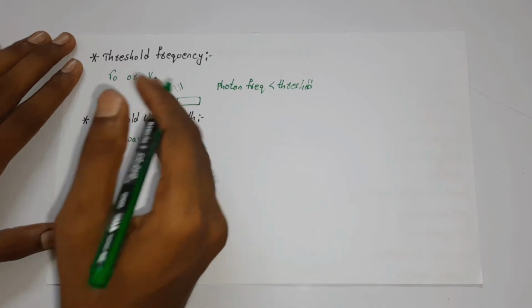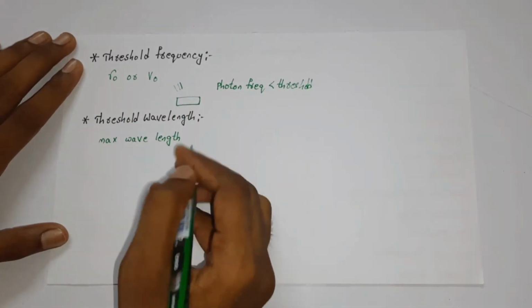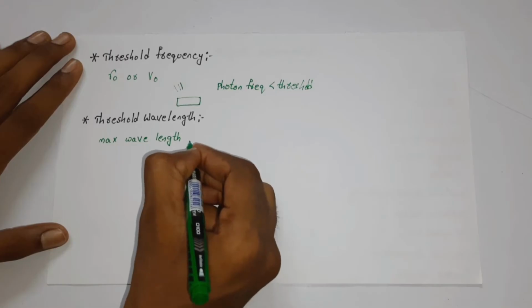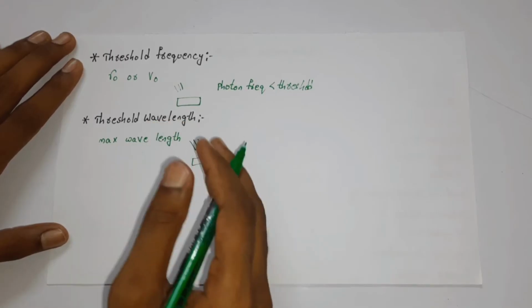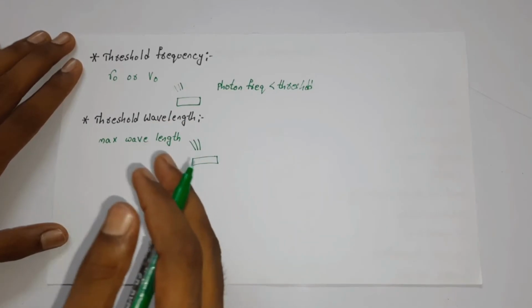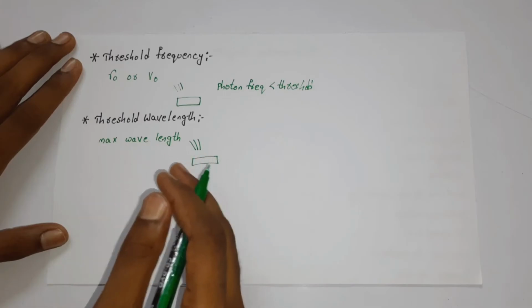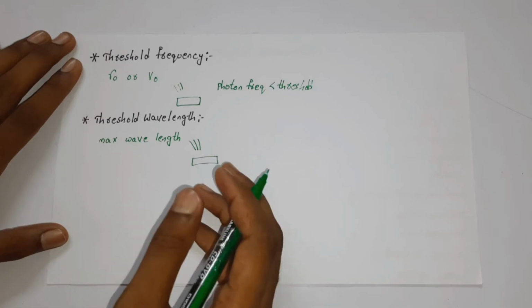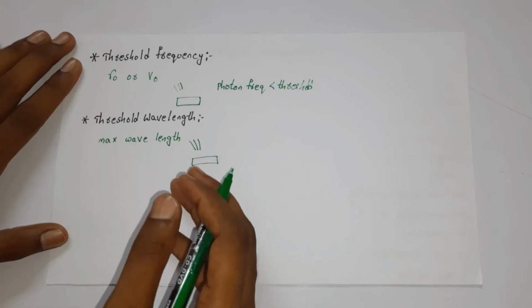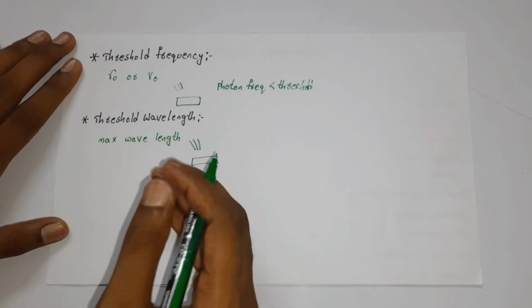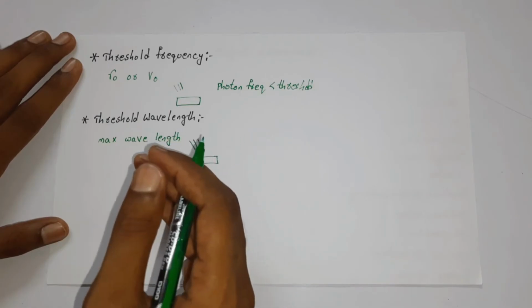So when the light ray falls on the metal surface, the maximum wavelength of this light is the threshold wavelength. The maximum wavelength will determine the photoelectric effect. There will be photoelectric emission because of the maximum wavelength of the light ray. So these are the two conditions involved in the photoelectric emission.